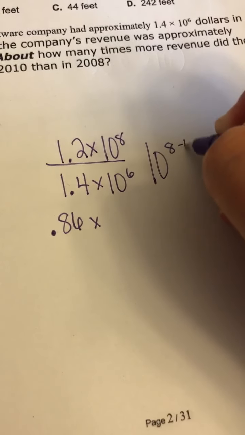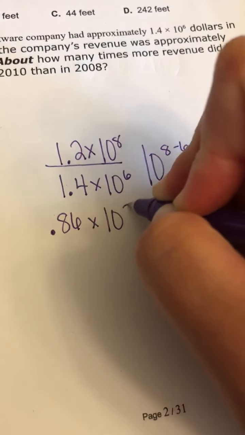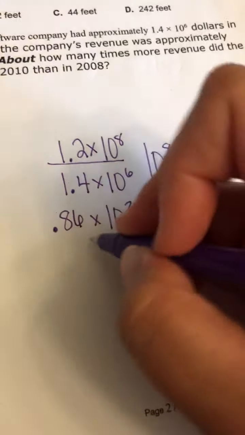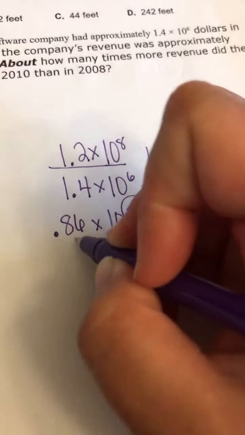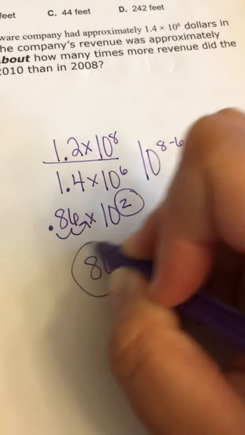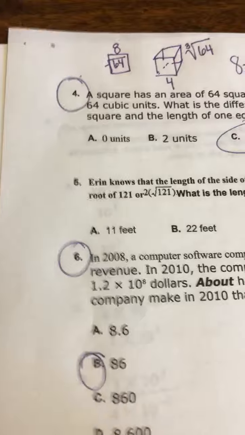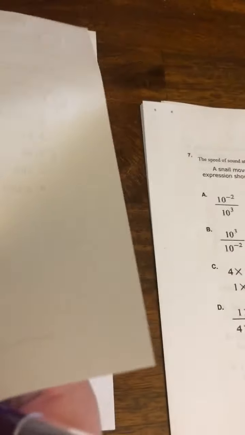So 8 minus 6 would give you 10 squared. And then all of your answers are just numbers. So that's just telling me I need to move my decimal 2 places to the right. So it is 86 times larger, and that would match B for number 6. All right, moving on.